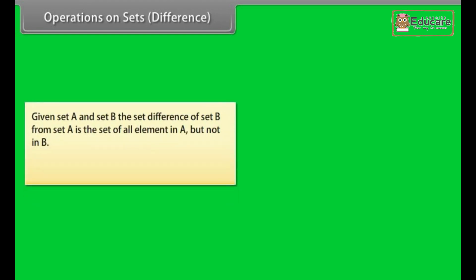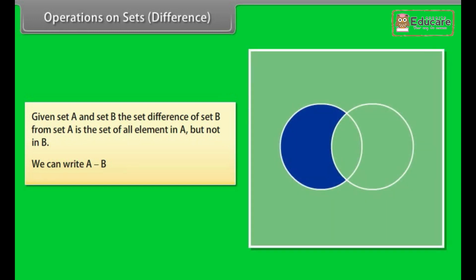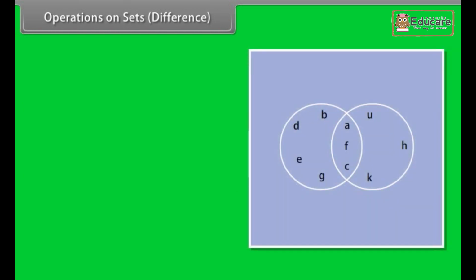Operations on sets: difference. Given set A and set B, the set difference of set B from set A is the set of all elements in A but not in B. We can write A minus B. Look at this Venn diagram. This shows us the difference of the two sets S1 and S2. Take a close look at this figure.